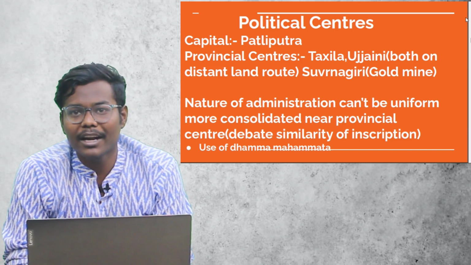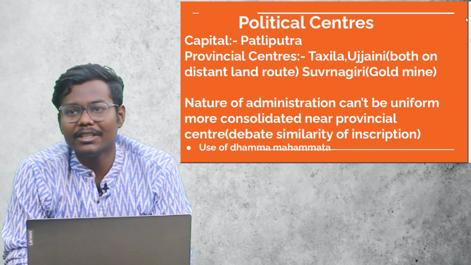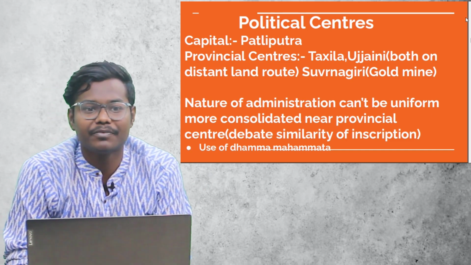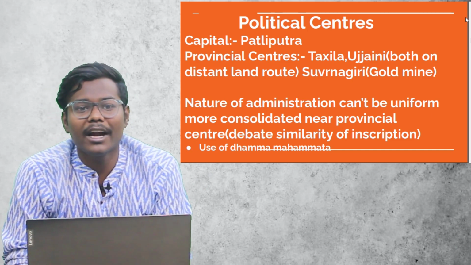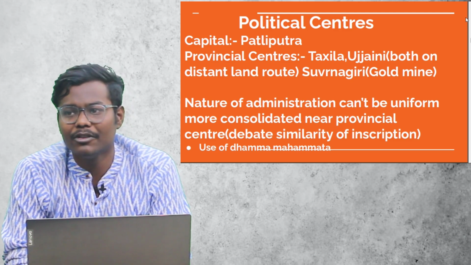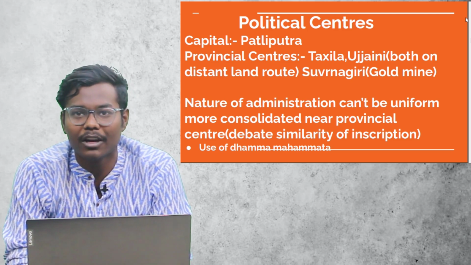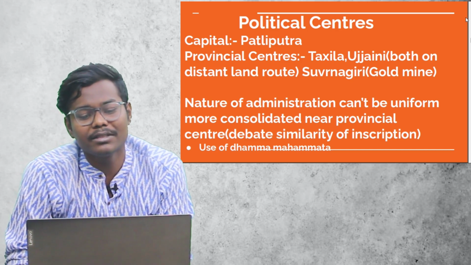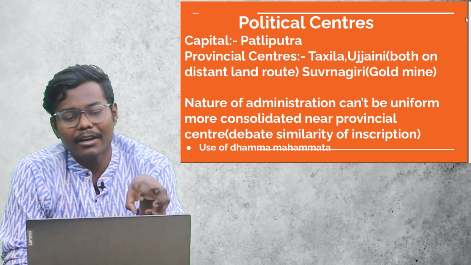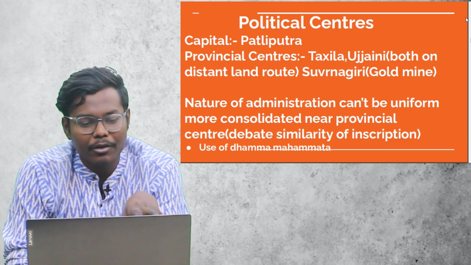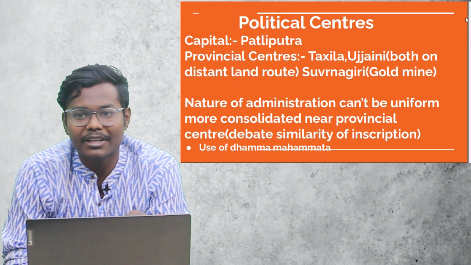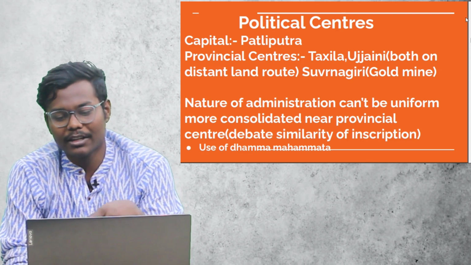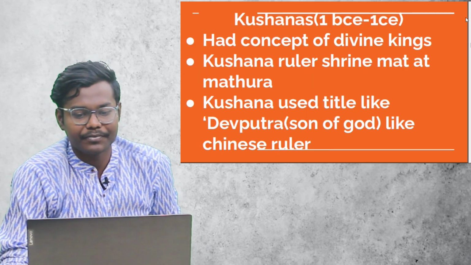But others say that in spite of this, if we see the geography of that area, from hilly mountains to fertile land, and the technology that was there, we cannot say it was uniform. So the more accepted argument is that near provincial centers the administration was more consolidated, and as it goes outside, decentralization happened.